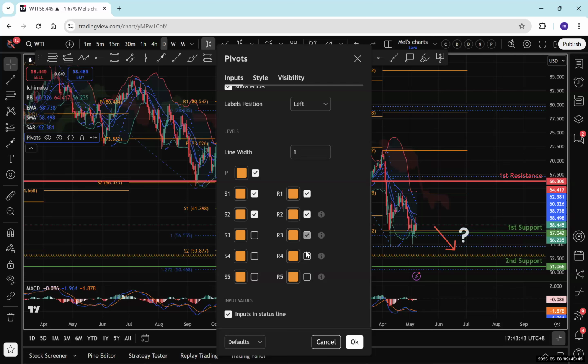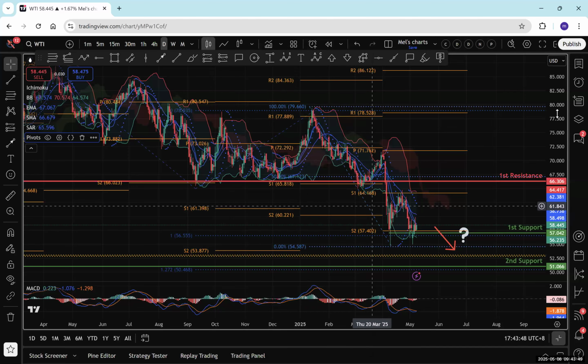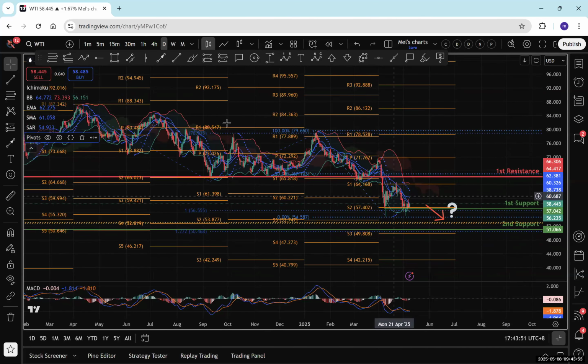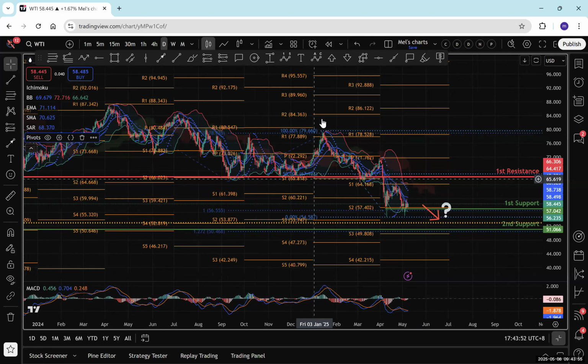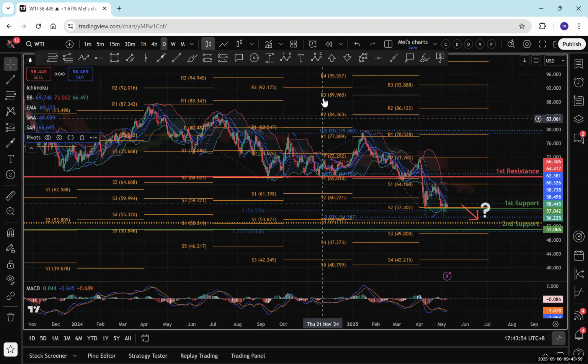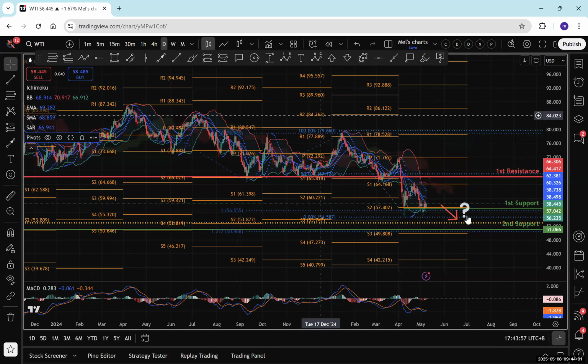How I like to use pivot points is to look for confluence areas of these resistance and support levels. This is just a double check of my resistance and support levels.